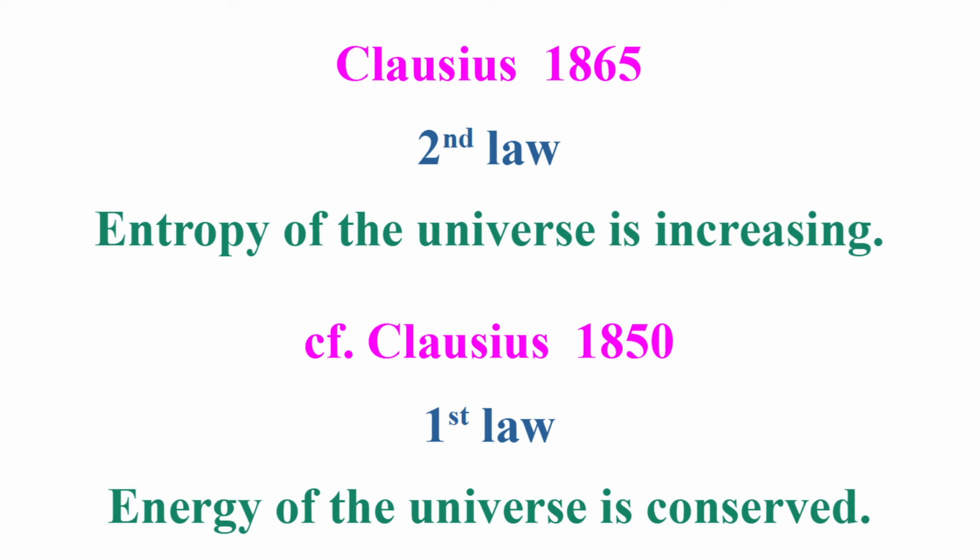He gave a verbal statement of the second law as: entropy of the universe is increasing. This was in parallel with his first law statement, namely, energy of the universe is conserved, which he had published in his 1850 paper. He desired to give as elegant a verbal statement for the second law as his first law statement, and he did achieve it.